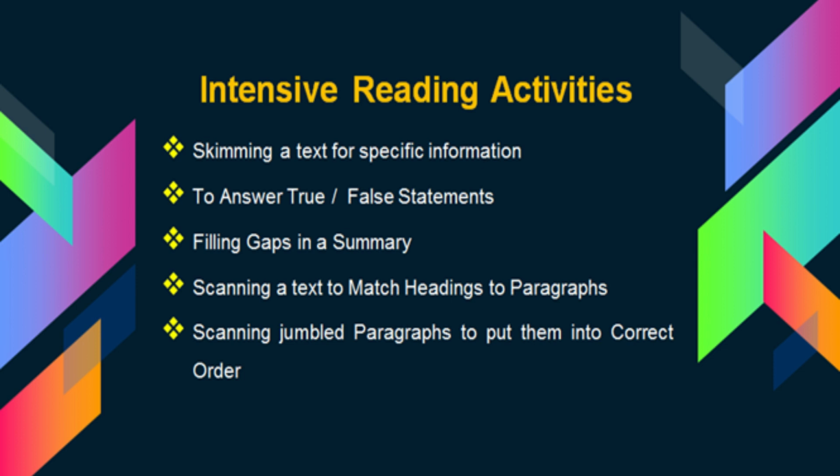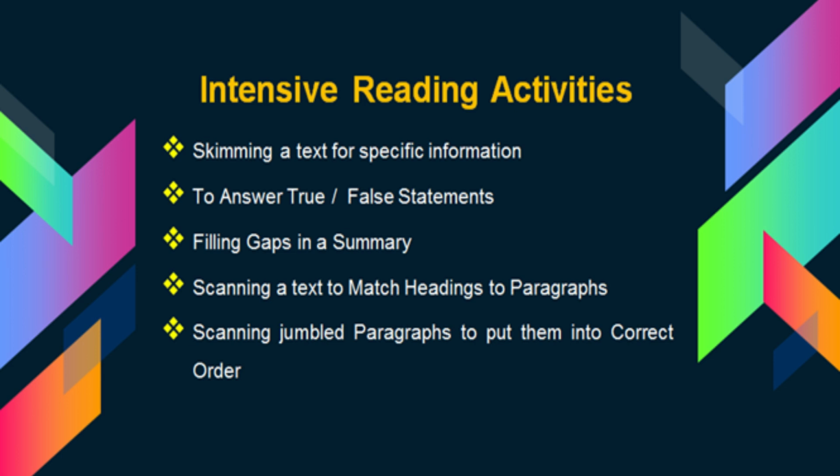We move on to the intensive reading activities. For intensive reading activities, we can go with skimming a text for specific information. Number two, answering true or false statements. Number three, filling gaps in a summary. Number four, scanning a text to match headings to paragraphs, and finally scanning jumbled paragraphs to put them into correct order.